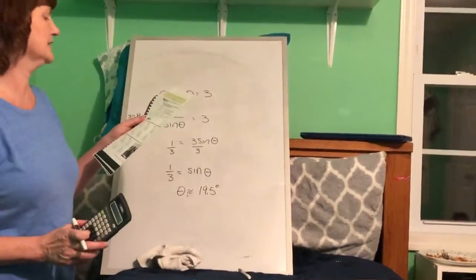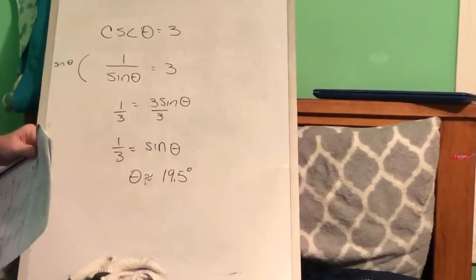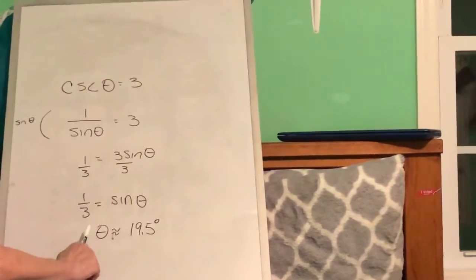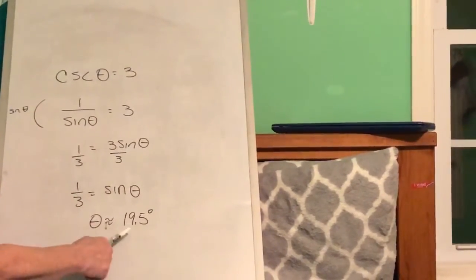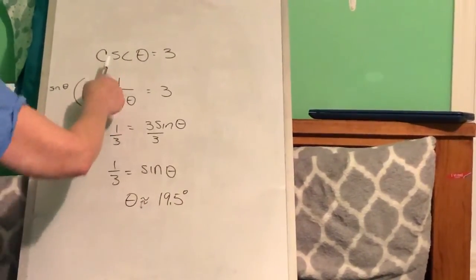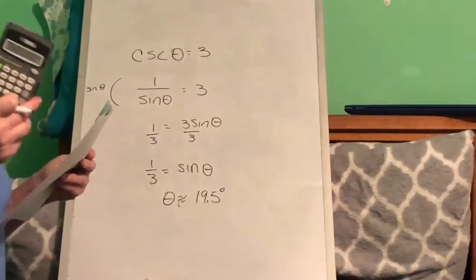Looks like they did not round, they put them all out there. Generally there will be some rules there. So don't forget, if you need to find the angle, you're going to have to use the arc function or the inverse function, but first you have to put it into a function that we actually have in our calculator.